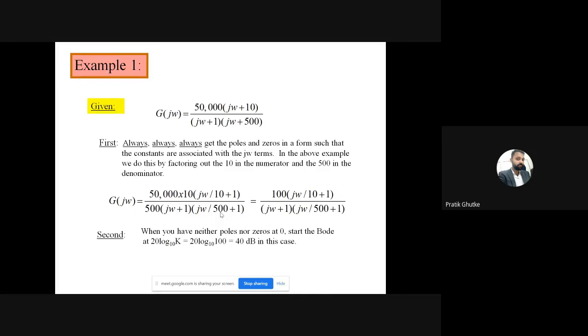So we have to first make it into standard form with the poles and zeros.